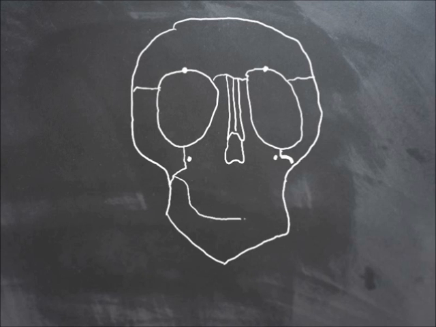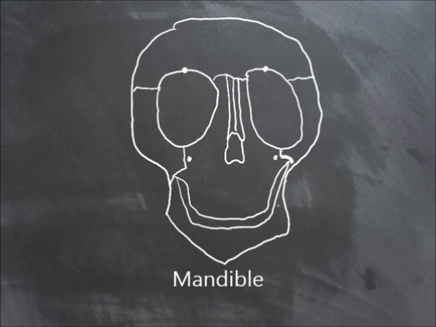And here is the rest of the maxilla, which leaves this bit as the mandible. And on the mandible you have another two foramen called the mental foramen.